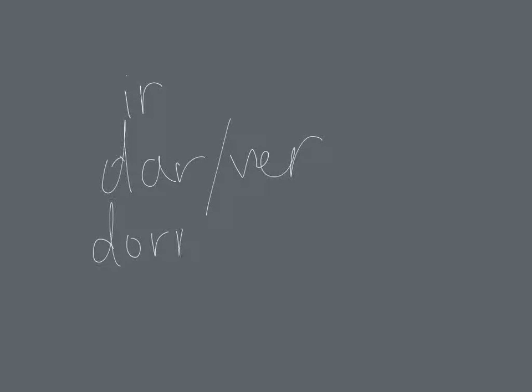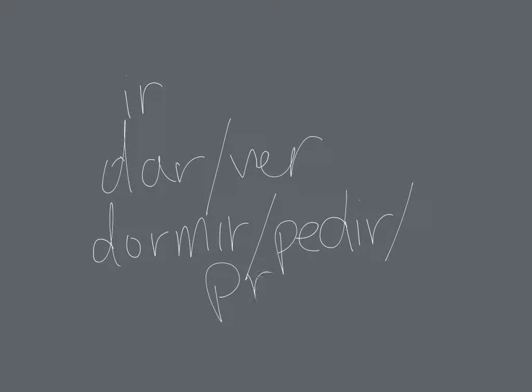We have dormir. So there are some verbs that are stem changers in the present tense, and a lot of these verbs are also stem changers in the preterite tense, but they don't have the same stem change, and that's what makes them a little bit more complicated.